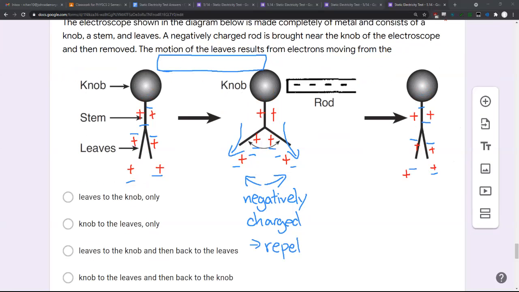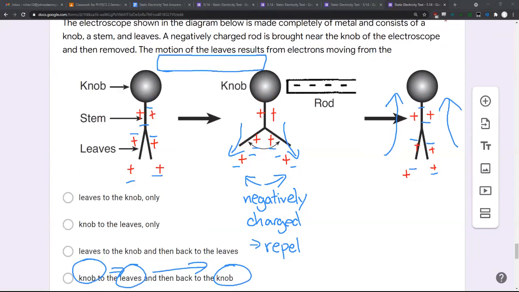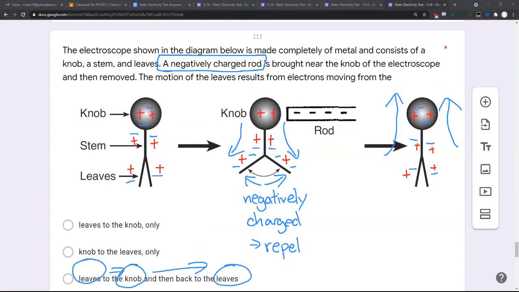So the only correct choice here is the electrons go from the knob to the leaves and then back to the knob. Any questions about this problem?